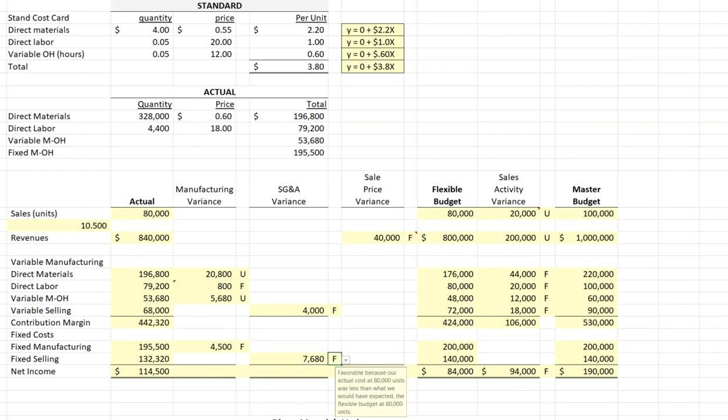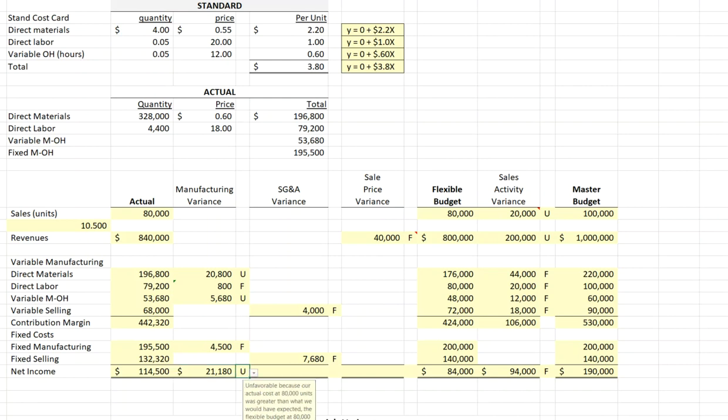And then, of course, we can total up our columns. Our total manufacturing variance is 21,180. When we calculate that amount, be sure to take into account that some of our variances are favorable, the 800 and the 4,500, while others are unfavorable. And overall, that variance was unfavorable.